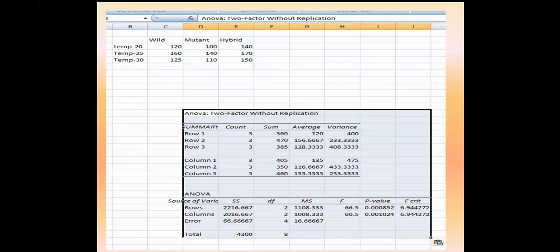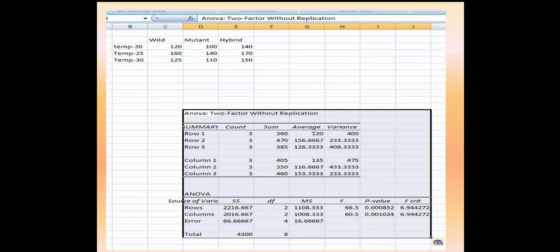particular table. And in this table, particularly in the upper table, you can see there are three rows. Rows indicate temperature. So the average number of eggs laid at varying temperature is given. And in columns 1, 2, 3, three different kinds of stocks are there. So the average number of eggs laid by these three different kinds of stocks is also given.